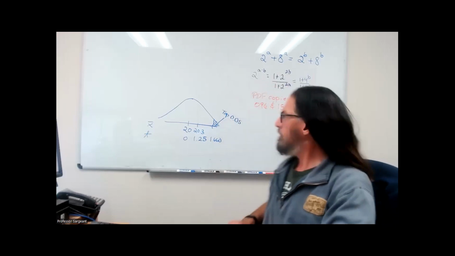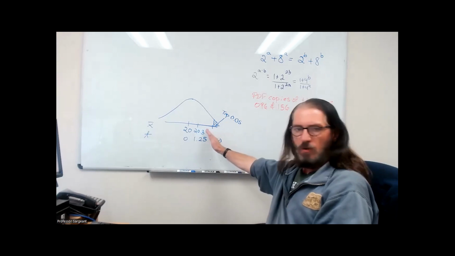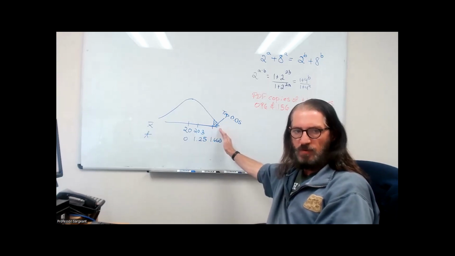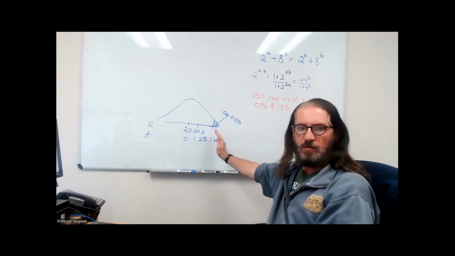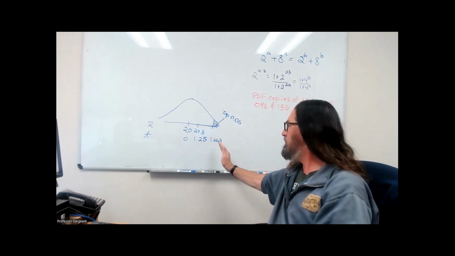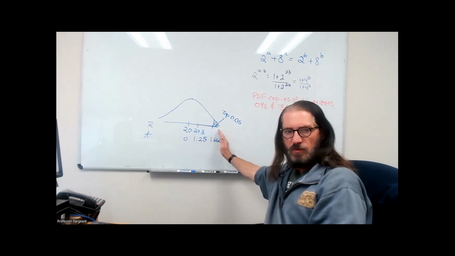Well, check this out. That critical score of 1.660 cuts off an area of the top 0.05 or the top 5%. Remember, this was just a one-sided or one-tailed test, a right-tailed test. 1.25 does not get into that critical region.